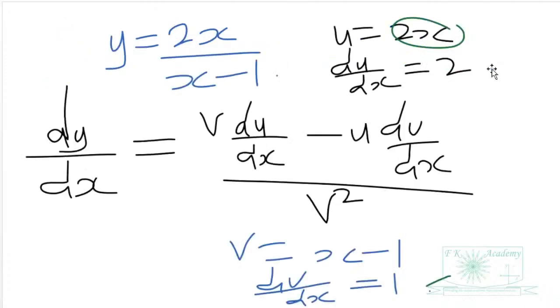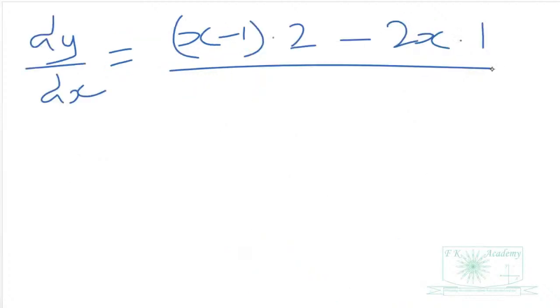V is x minus 1, so all over x minus 1 squared.